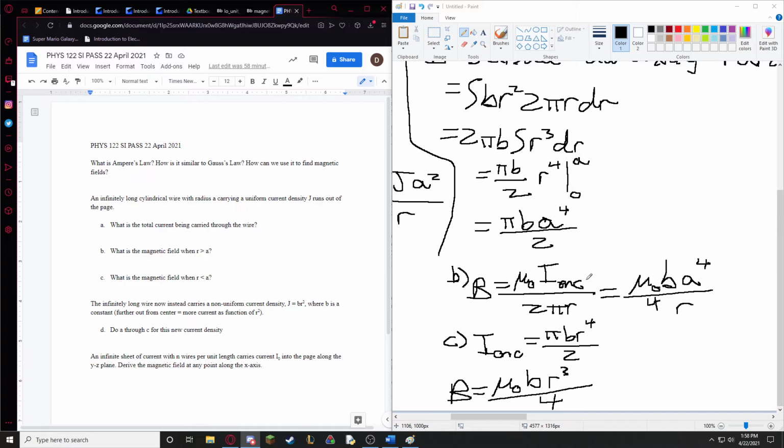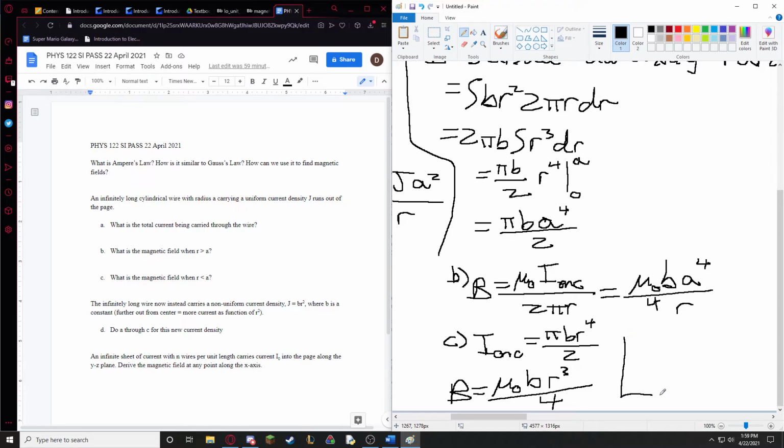And then for the situation where r is less than a, it would just be subbing in r for the enclosed current. The r actually ends up coming through, and it becomes a function of r cubed as we increase.